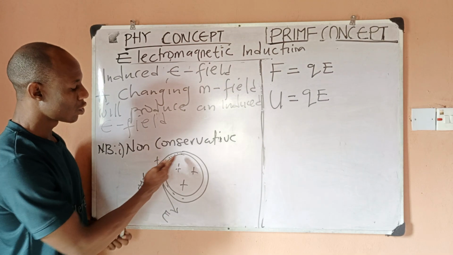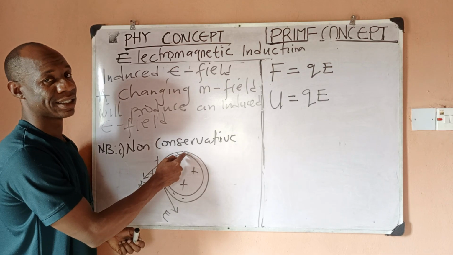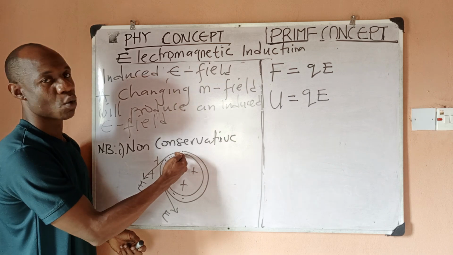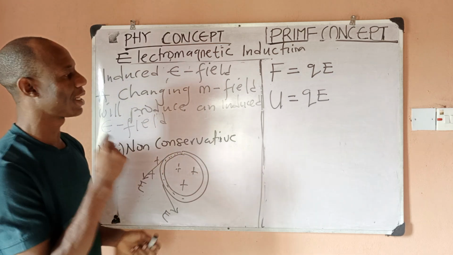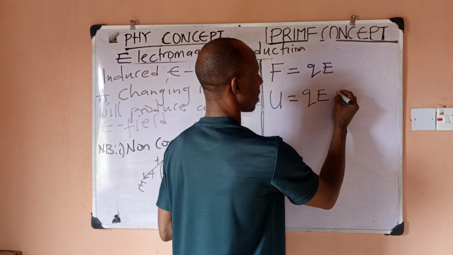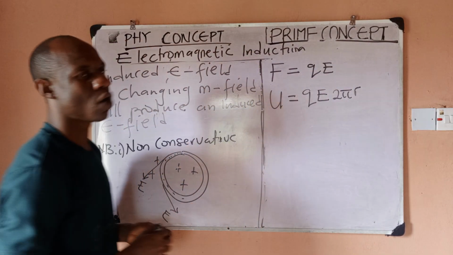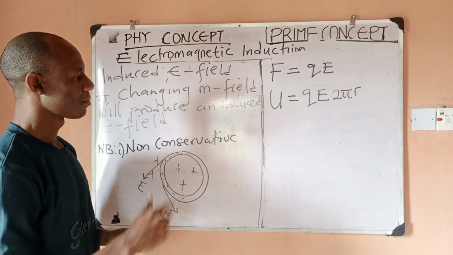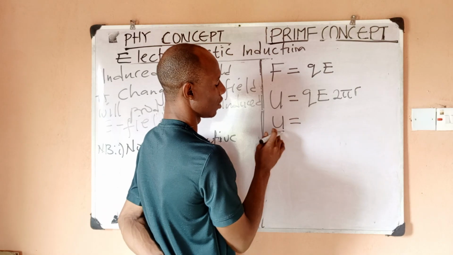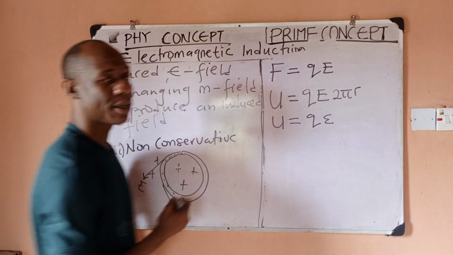Now, the work done in moving an electron from one point back to the same point, the distance traveled through that conductor, is the length of one loop, which is 2 pi r. So the work done will be the force times the distance traveled by an electron, which is QE times 2 pi r. Also, if you recall from electrostatics, work done U is actually charge Q times voltage, or EMF.